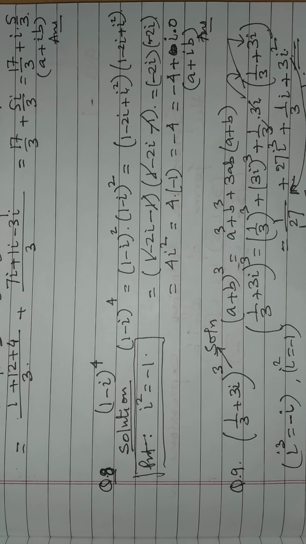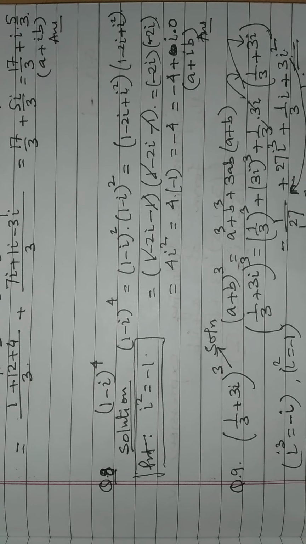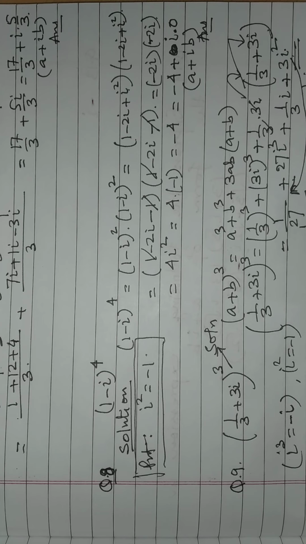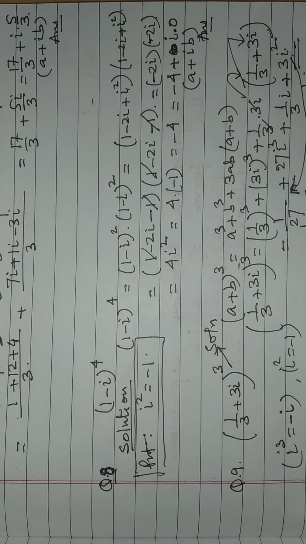Here you will take the LCM also, so 3 is the LCM, so it is minus 81i plus i, so it will become minus 80 by 27, and here minus, plus subtracted, so it is minus 80i by 3. So here we can write minus 80 by 27 minus iota into 80 by 3. So this is in the form of a plus ib.